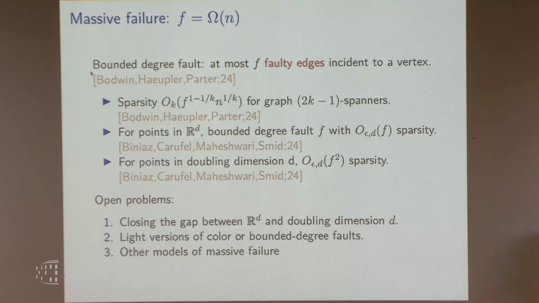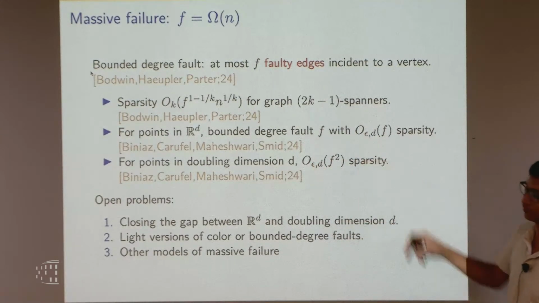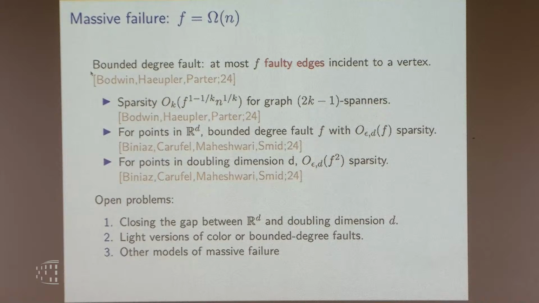So obviously there is the gap between the Euclidean and doubling dependence on F here. Can you close this? The light version of these things, I haven't seen it, and I'm interested in hearing about other models of massive failure.